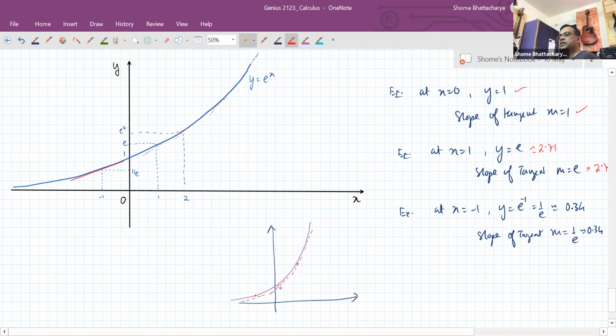But not only that, it's increasing in such a way that at any point, say at x equal to x1, the value of y is e raised power x1, and the tangent at x equal to x1 will have a slope which is equal to e raised power x1.